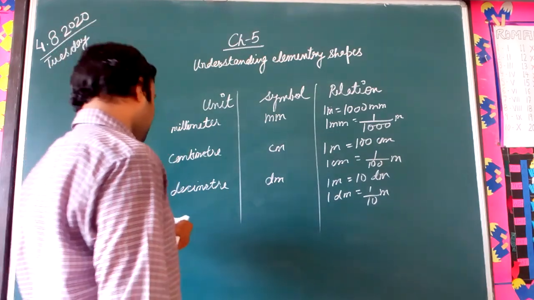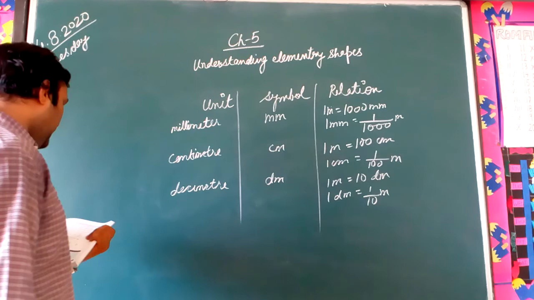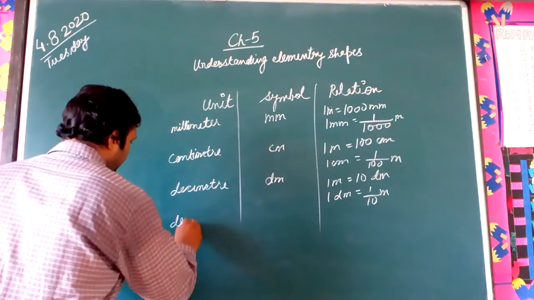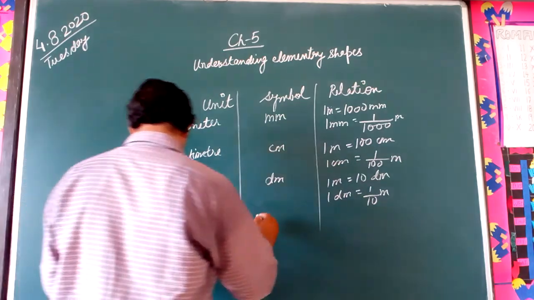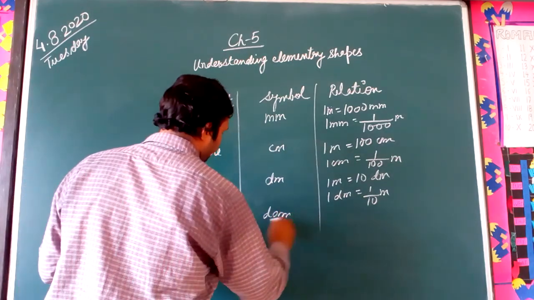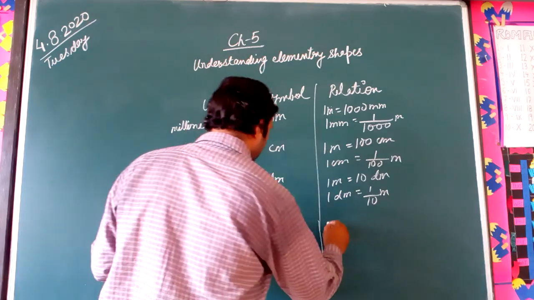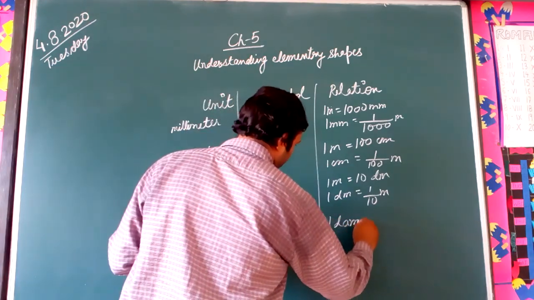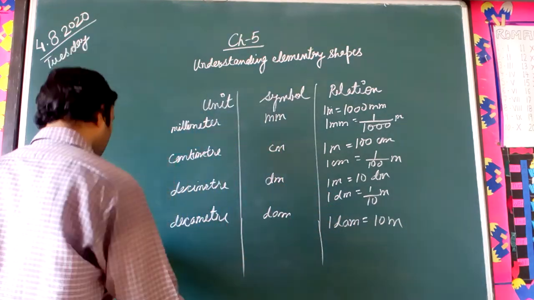So in this way we can write it. Decameter, dam: 1 decameter equals 10 meter.